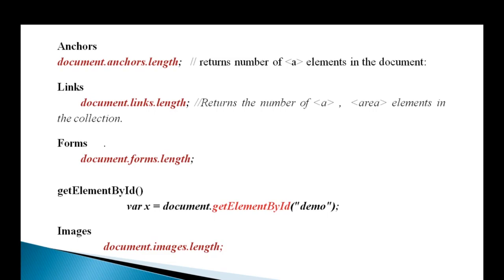If the element is not found, it will contain null. Okay. Next one is images. It returns a collection of all image elements in a document. For that, the document.images.length method is used.